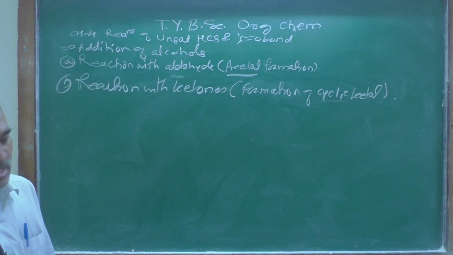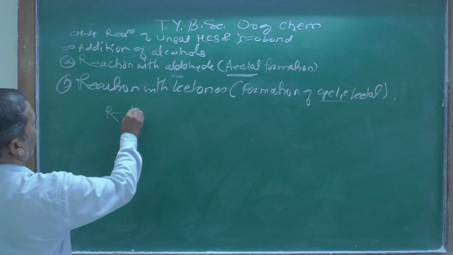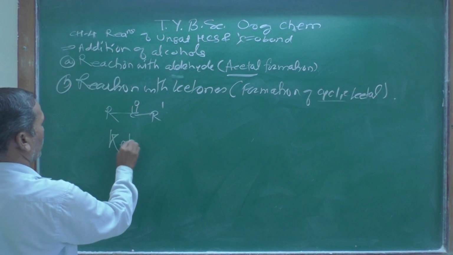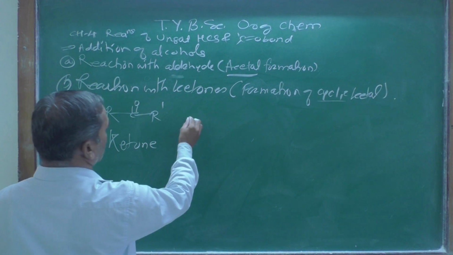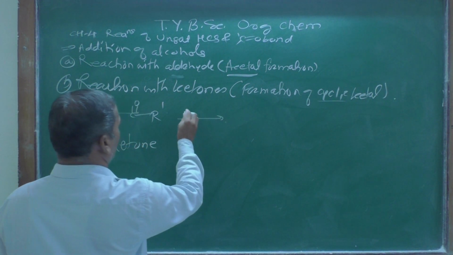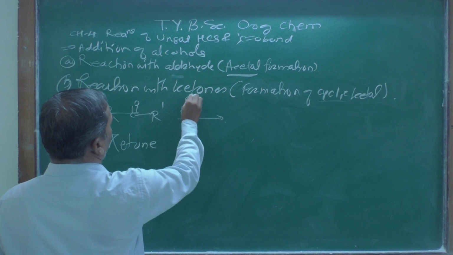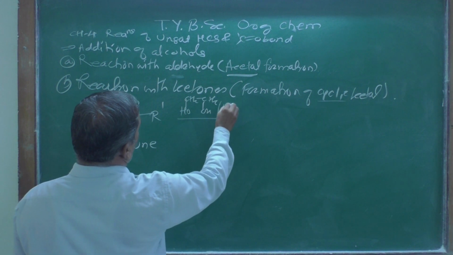So let us see the general reaction. Ketone, as we know, is R C double bond O R dash. This is the structure of the ketone, everybody knows that, right? This will be treated with HO, CH2, CH2, OH in presence of H plus.